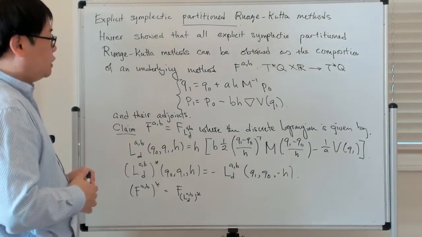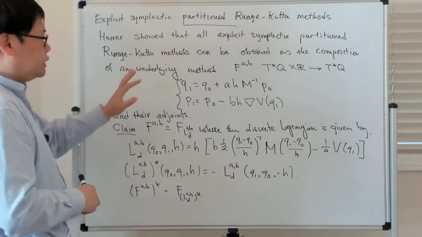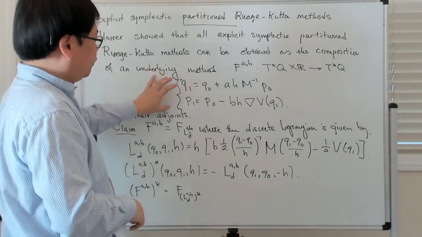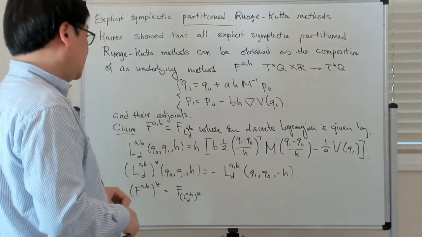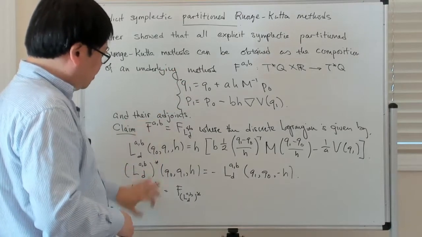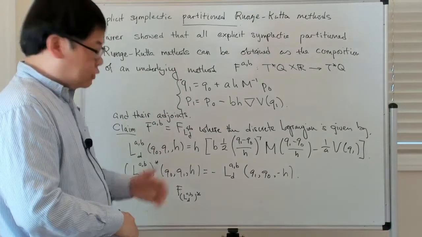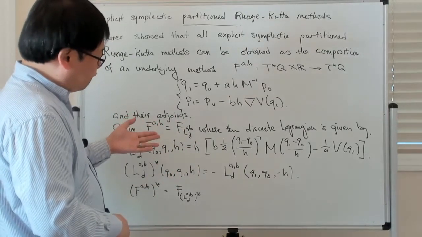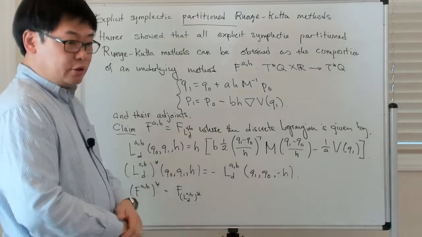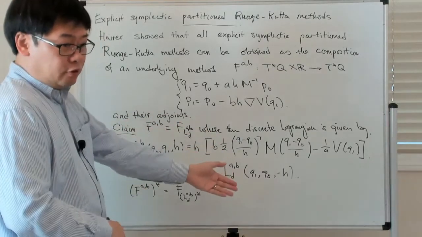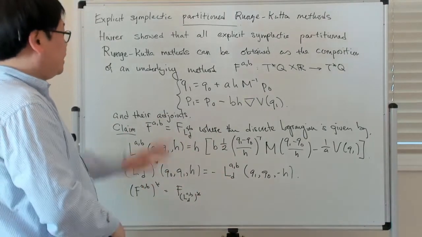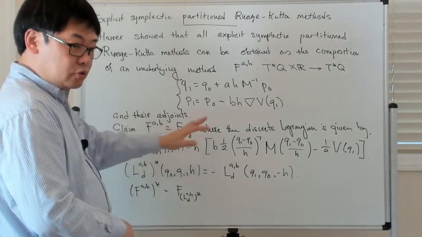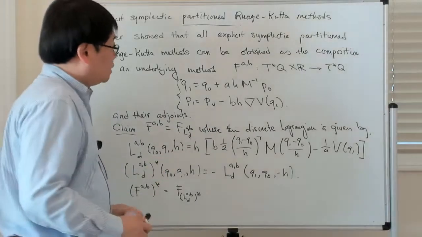Because all explicit symplectic partitioned Runge-Kutta methods can be obtained by the composition of this method and its adjoints, and this method and its adjoints can be viewed as discrete Hamiltonian maps associated with discrete Lagrangians, and since the composition of discrete Hamiltonian flow maps can be expressed as the Hamiltonian flow map of a composition discrete Lagrangian, that means that all explicit symplectic partitioned Runge-Kutta methods can be expressed in terms of computable discrete Lagrangians. Okay, so let me just stop there for now.